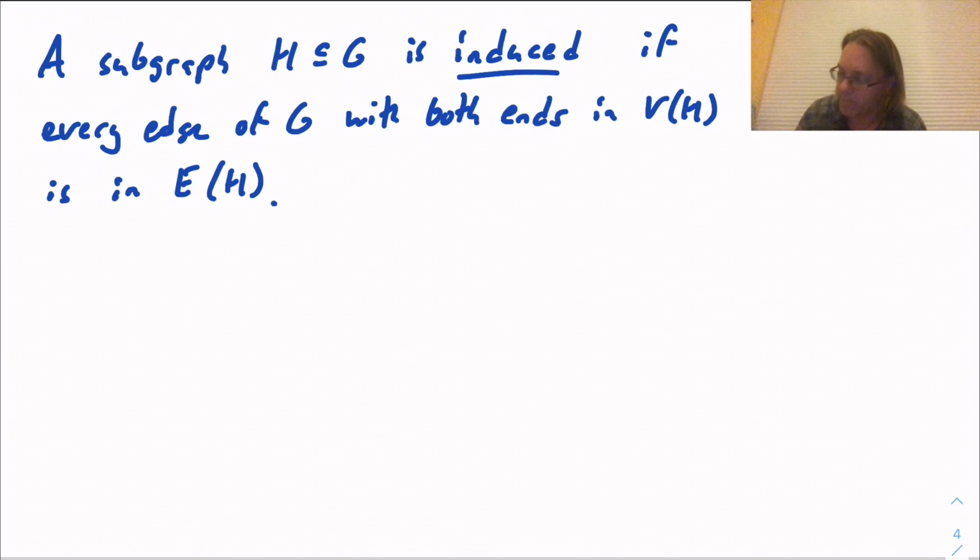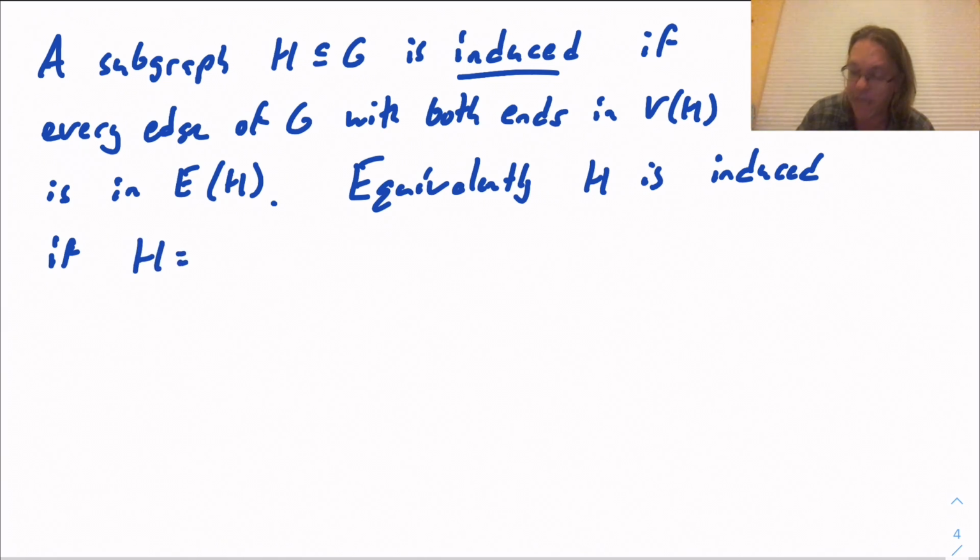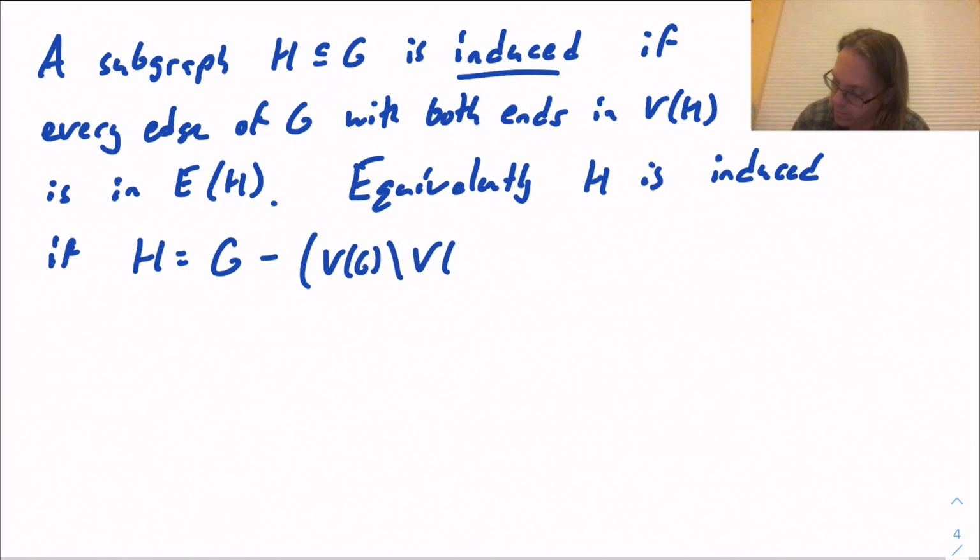So equivalently, H is induced if H is exactly the subgraph you get by taking the graph G and deleting all of the vertices that are not in H. If you take the graph G and delete the vertices that are not in H, then that has to be H itself.